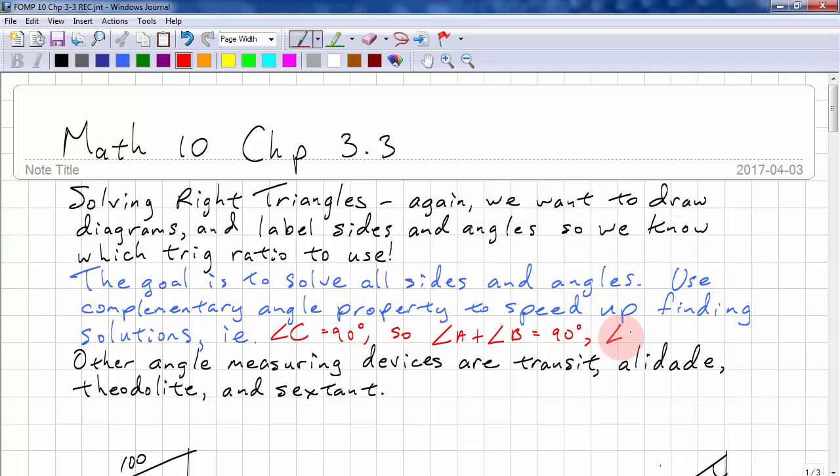So, angle A equals 90 degrees minus angle B, or the other way around: angle B equals 90 degrees minus angle A. And you should note that other angle measuring devices are called transit, alidade, theodolite, and sextant.